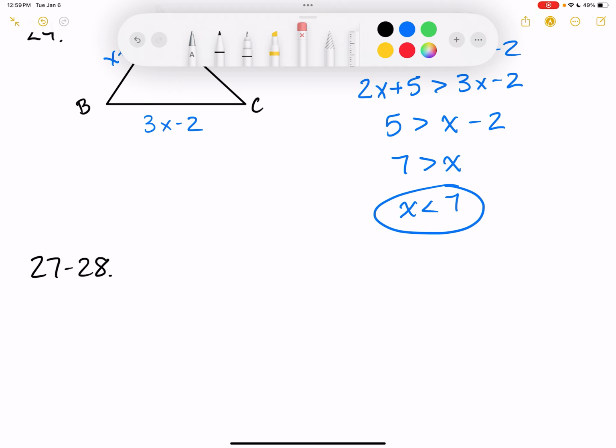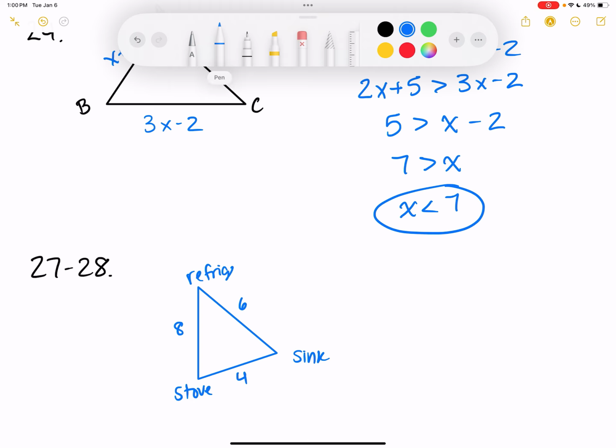So anyways, they give us the distances, so I'm gonna draw basically the picture of what they have in here. So there's this triangle. And this is the sink. I'm just going to write stove because most of y'all probably have no idea what the range is. And the refrigerator is over here.